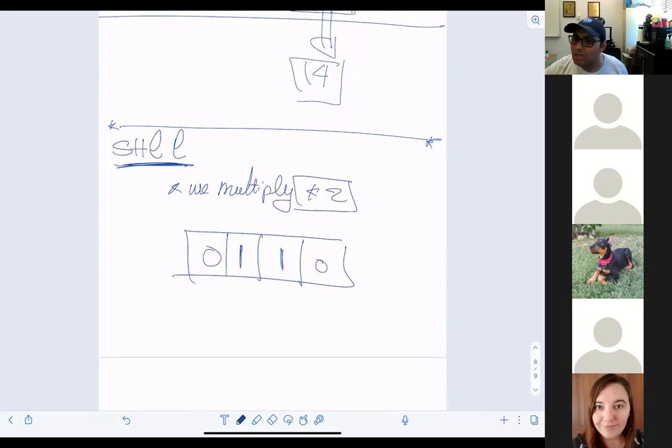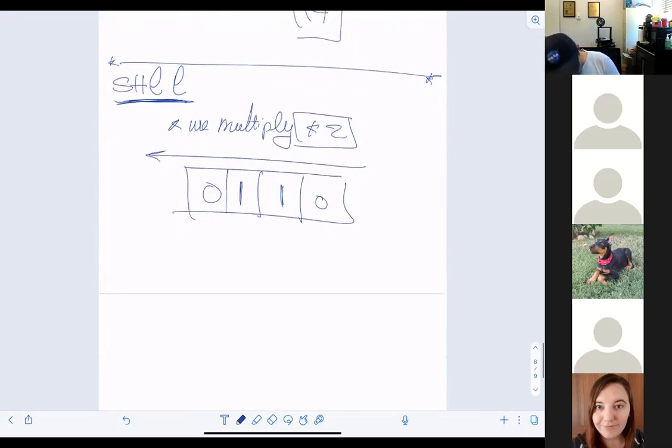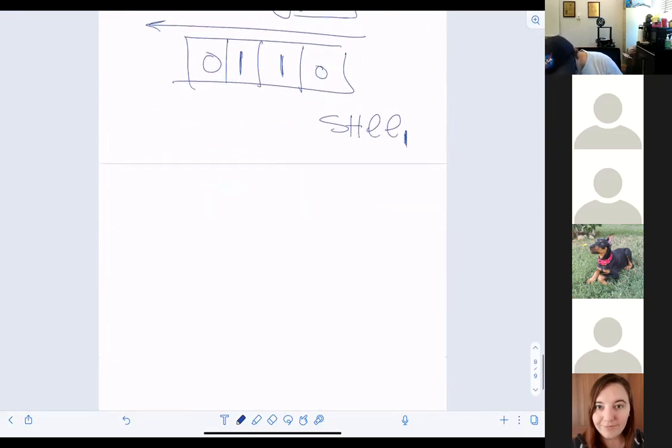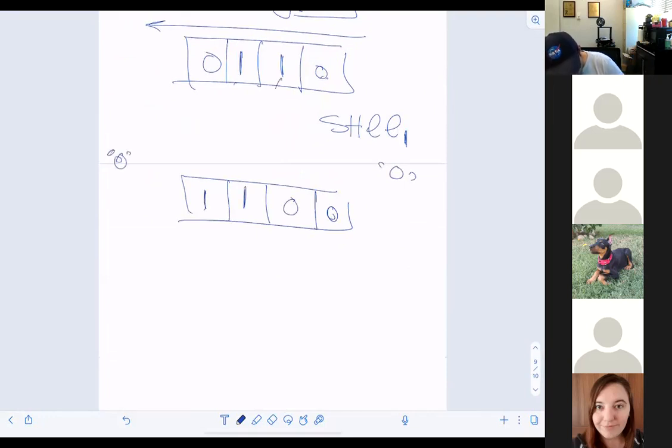If I push towards the left, shifting logically left 1, that means I shifted 1 time. That 0 will go here, I mean, I have 0 in my hand, so that 0 will be here, that 1 will be here, that 1 will be here. This 0 will be spilled out. You guys agree?